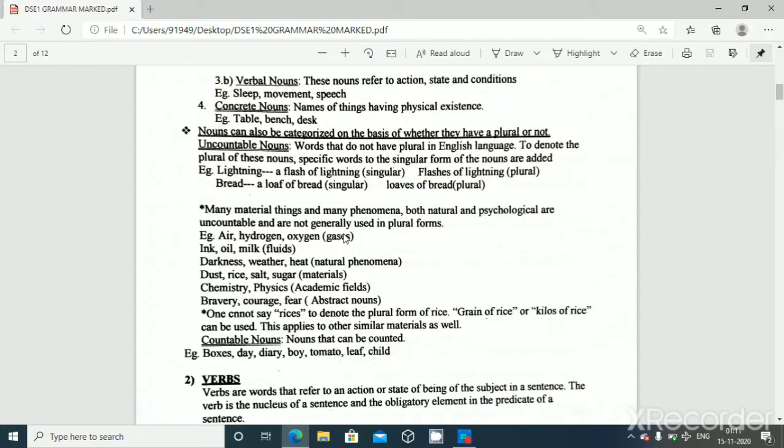But gases, if you want, gas, gases. But individually, if you take certain materials, certain gas forms, we never have these plural terms. We can never say hydrogens, oxygens. Those are utterly wrong.